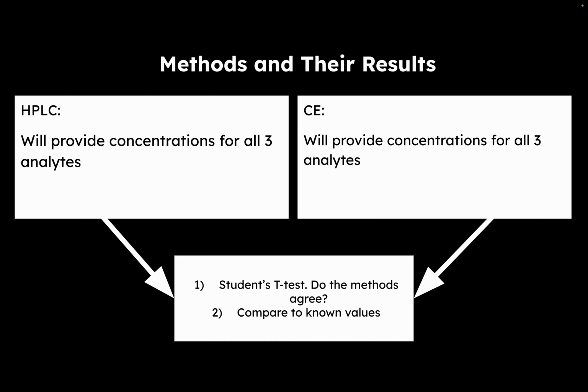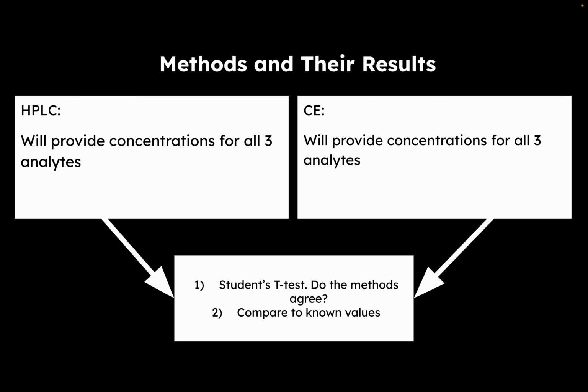Okay, so the methods. HPLC and CE are going to provide the same thing. They're going to tell me the concentrations of all three analytes. Then I'm going to do a Student's t-test across the two methods and see, well, do they agree? And then their own deviation, right, that's going to tell me reproducibility among the two methods.